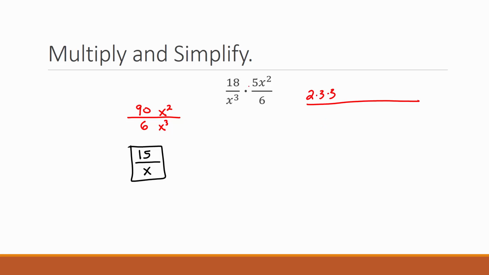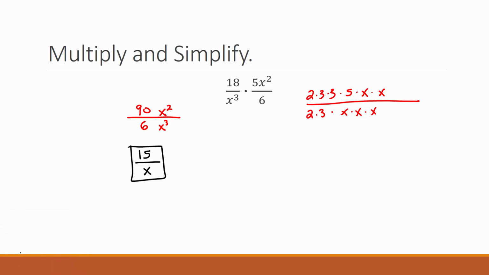That will make the 18 times the 5. 5 is a prime number from the second fraction. Times x times x. In our denominator, the prime factorization for 6 is 2 times 3 times x times x times x.